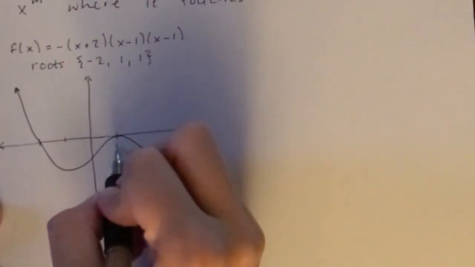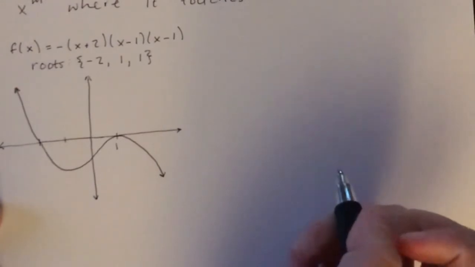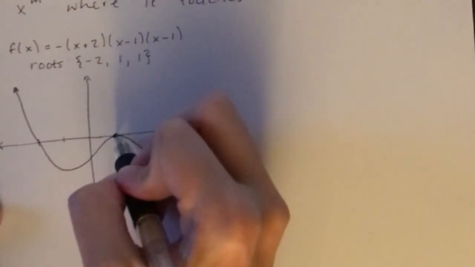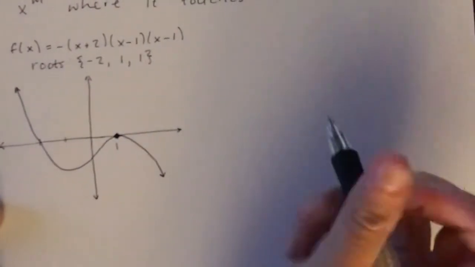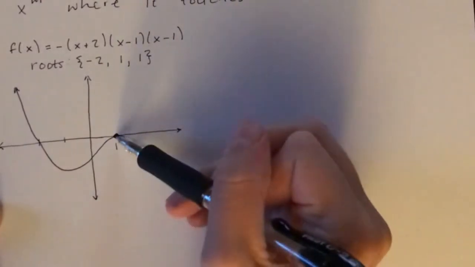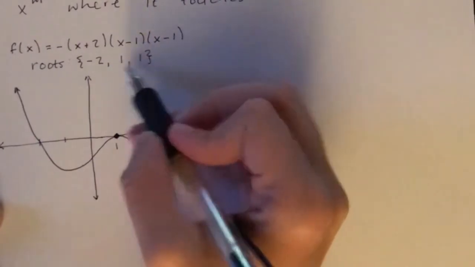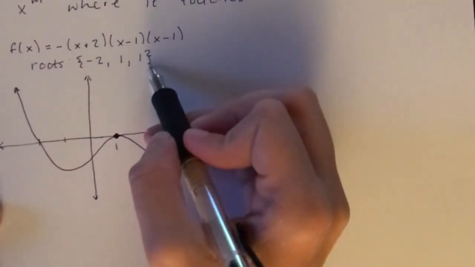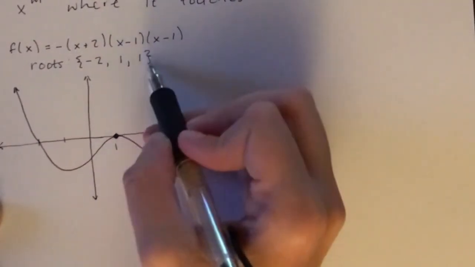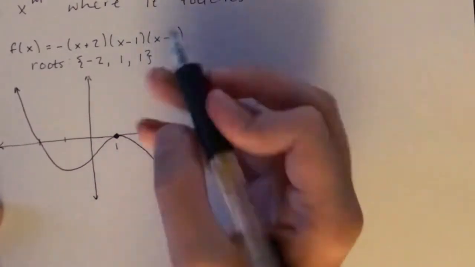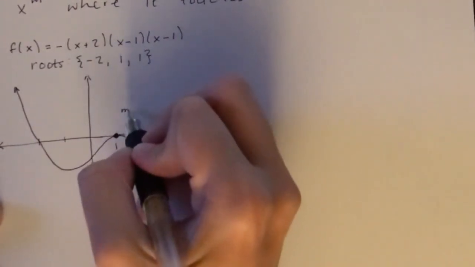I'm going to look at 1 first, right? We have a root of 1. Again, real roots are our x-intercepts. What's the multiplicity of 1 here? Well, it shows up in our list of roots twice, right? So this has a multiplicity of 2.